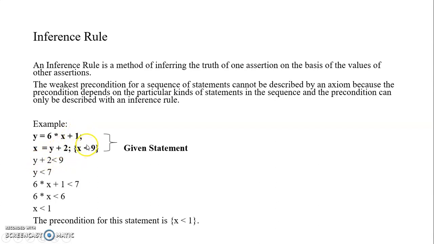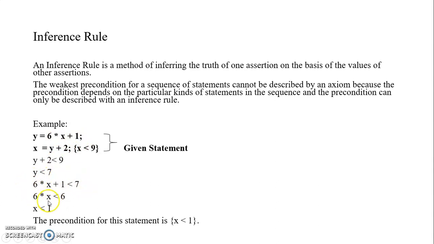Okay, here my limit is given, x should be less than 9. So we can write y plus 2 less than 9, writing y plus 2 instead of x. If you arrange the equation like that, 2 comes over and is subtracted from 9 and it becomes 7. Again, instead of y, from the first equation we can write 6 multiplied by x plus 1, less than 7.